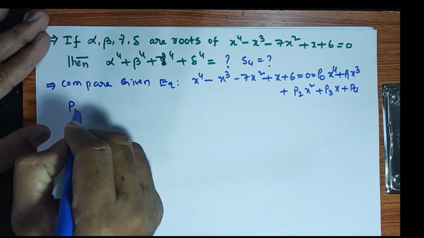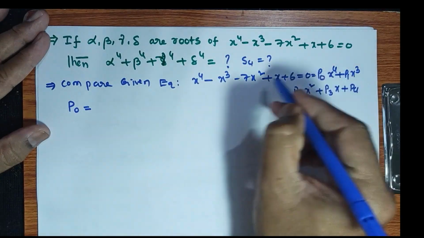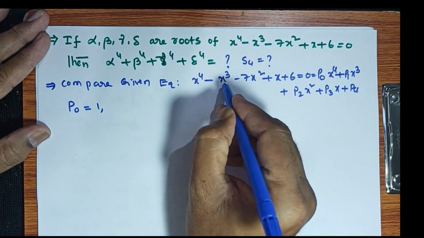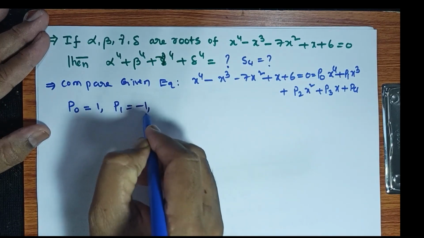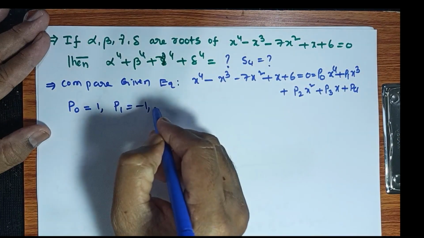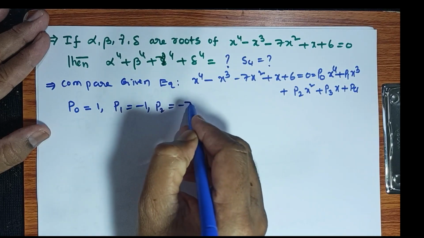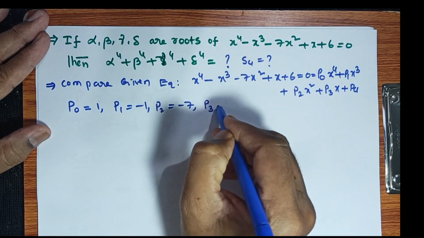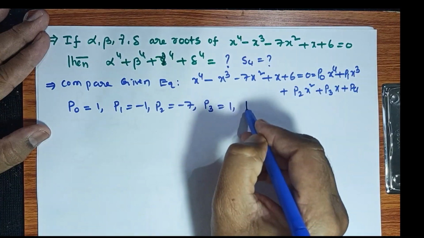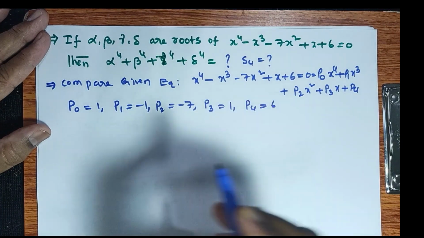Now if you compare, the x^4 coefficient P0 is 1 here, P1 is equal to -1, P2 is equal to -7, P3 is equal to 1, and P4 is equal to 6.